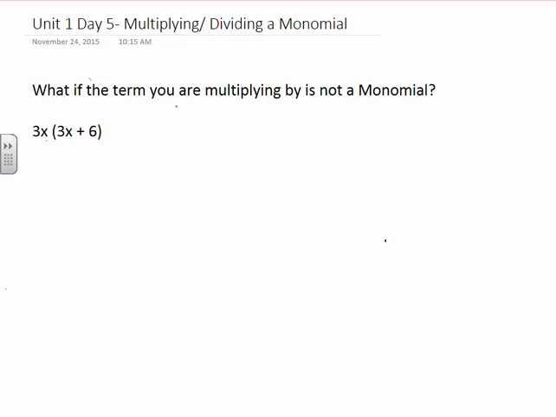If we have a situation where the term we are multiplying by is not a monomial, such as the one I have here, we can see that we're multiplying a monomial by a binomial. We simply use our distributive property from yesterday.